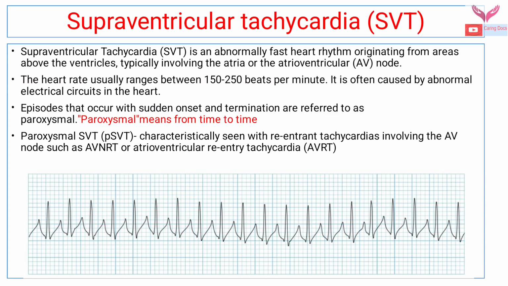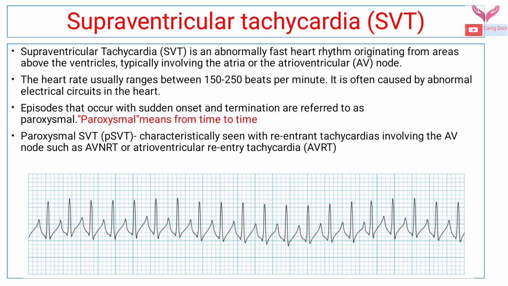Supraventricular tachycardia is an abnormally fast heart rhythm which originates from the areas above the ventricles, typically involving the atria or the atrioventricular node. The heart rate usually ranges between 150 to 250 beats per minute, and it is often caused by abnormal electrical circuits in the heart.